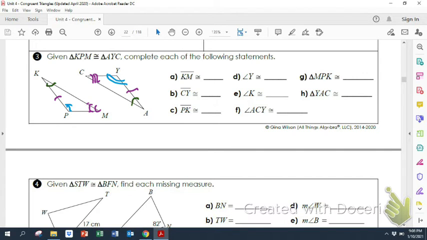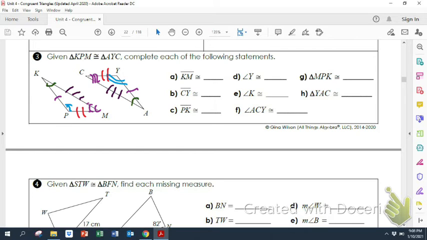Okay, so PM is congruent to CY, and then, let's try a different color, I can do CA is congruent to MK, or I can look at AC. So either way, this one is congruent to that one.